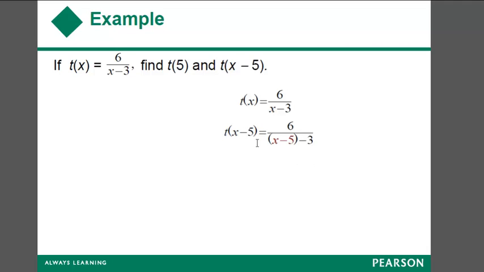And then I will simplify it as much as possible. I can regroup. Negative 5 minus 3 will be negative 8, so I have 6 over x minus 8. Now that's as simple as I can go on that problem. I still have an x in the problem, which is okay, because I have an x left here.